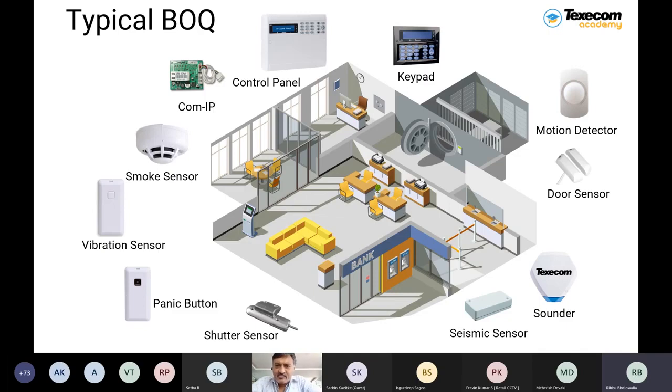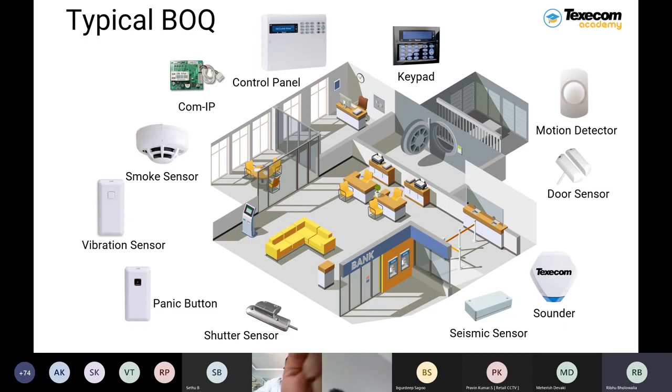As you are aware, if you want to protect your high security values, your high asset values, like your locker areas, we can give the anti-masking dual technology PIR motion sensors. And we have grade 3 shutter contact as well as door contact. Why am I saying grade 3? Because when we give a grading to any sensor, it represents its security level, right?